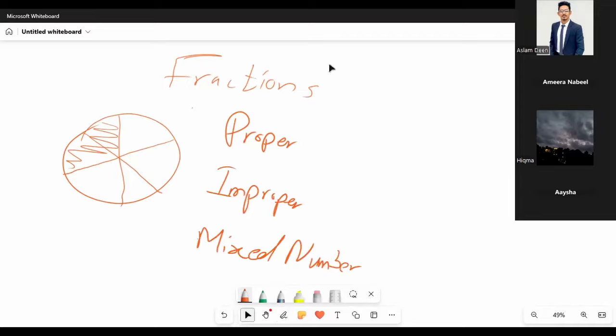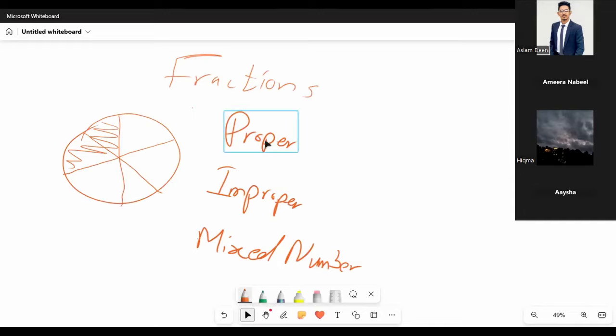Correct, but unit fraction is a sub part of proper fraction. Unit fraction comes under proper fraction. So now you all know there are 3 types: proper, improper, and mixed number. Now we'll see the differences between these fractions.